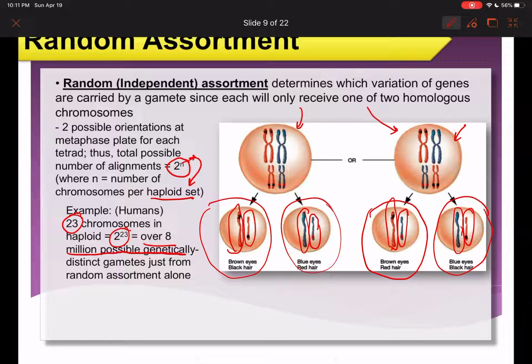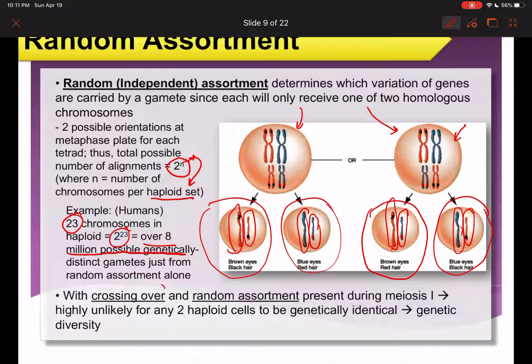So if we take into account both crossing over and random alignment, remember, crossing over happens during prophase 1 of meiosis 1, which allows DNA to be exchanged, and independent assortment happens during metaphase 1 of meiosis 1, where chromosome alleles will be mixed in terms of their position. It is almost impossible for two haploid sex cells generated in a person to be 100% genetically identical.